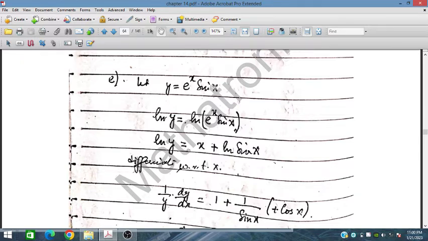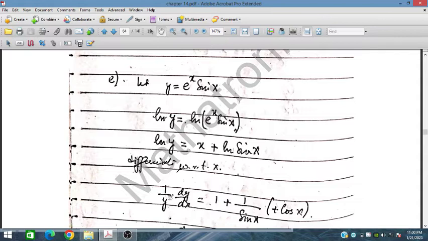Take log on both sides, and this is ln y and this is ln of e power x sin x. So we'll have ln e power x plus ln sin x, and ln and e cancel and then it becomes x, so by simplification we obtain this. And now differentiate.